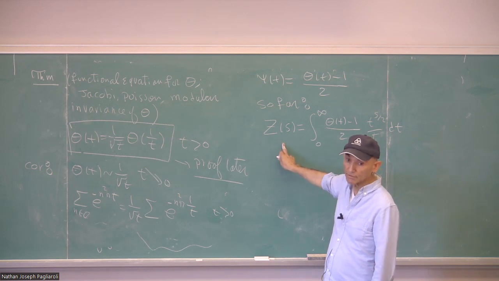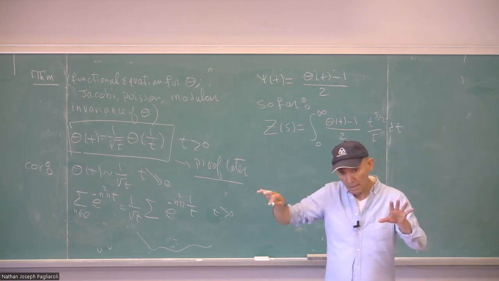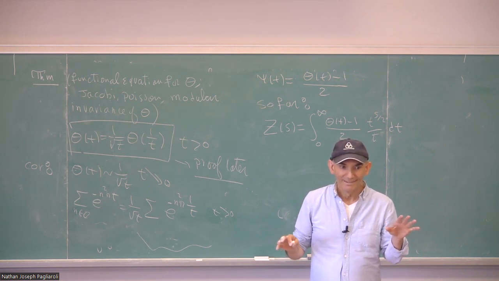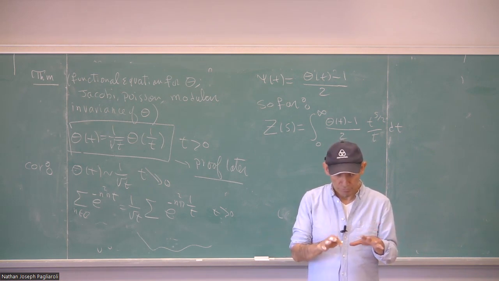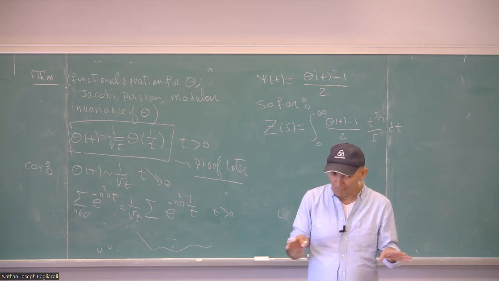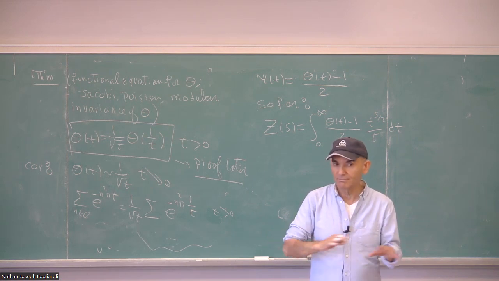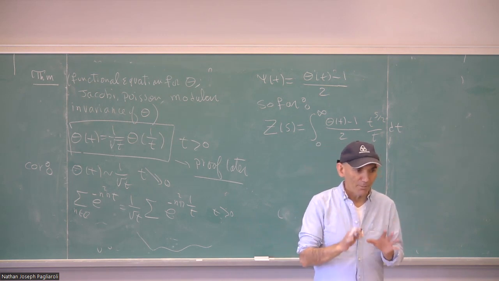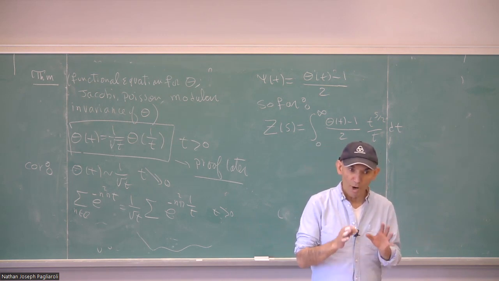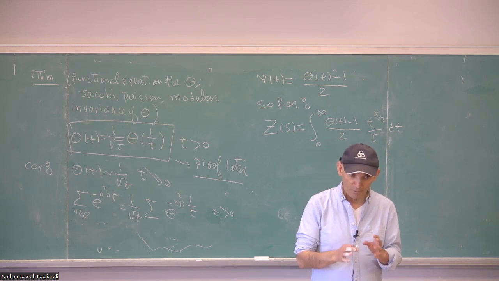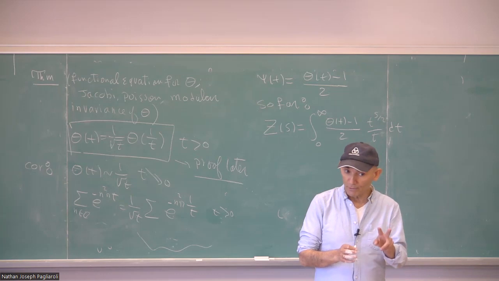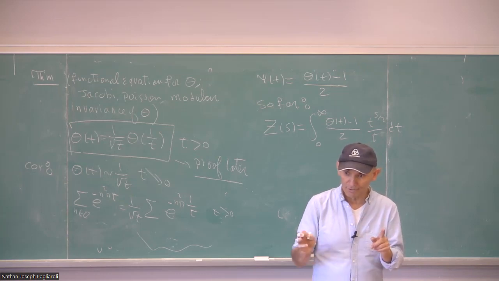That's the completed zeta function that has 3 terms, right? Do you remember those terms? Gamma of s over 2. Don't confuse s with t, because this will just send me mad. So gamma of s over 2, pi to the power minus s over 2, zeta of s. 3 factors.